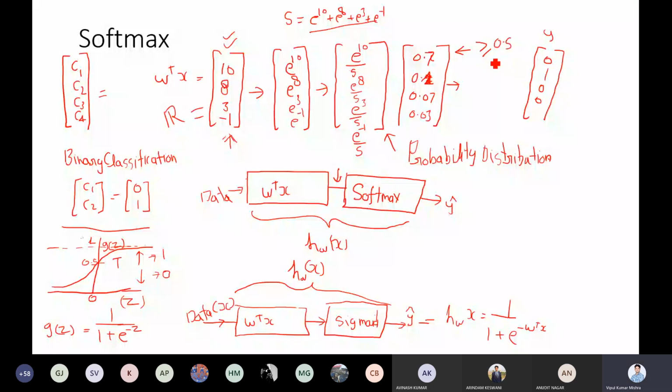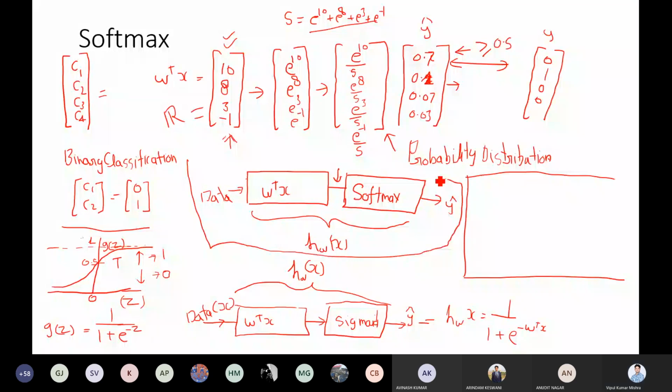You compare this with your original y; this will become your y hat, and you compare it with y with the help of log loss, and based on that you compute the loss. So this entire thing is h of wx. Is it clear now, what exactly is going on in the softmax?